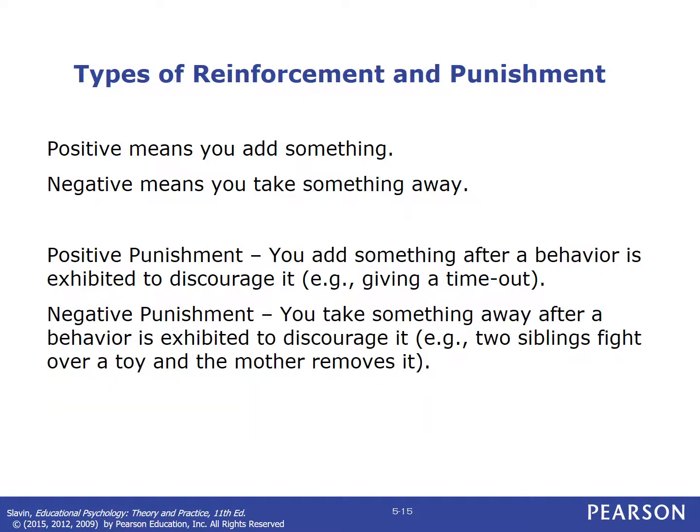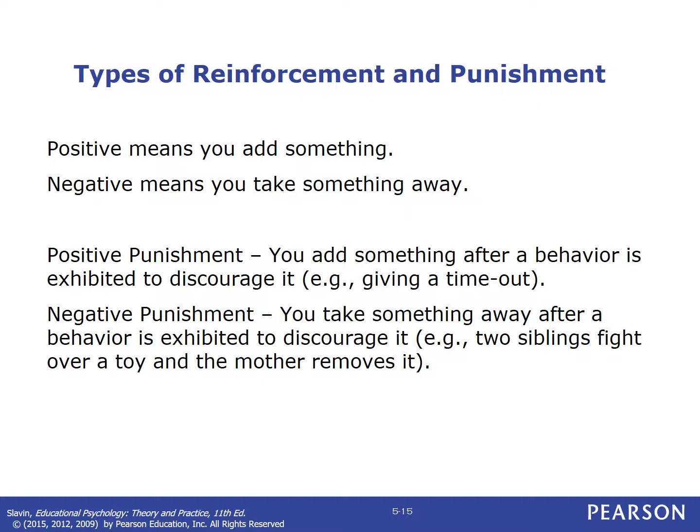So remember again, positive means you add something, negative means you take something away. So positive punishment would mean you add something after a behavior is exhibited to make it go down, to discourage it. So for example, giving a child a timeout is positive punishment. You're adding the timeout to get him to stop doing the misbehavior.